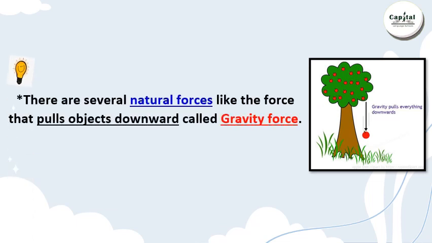Do you know that there are several natural forces, like the force that pulls objects downward, and this force is called gravity force. Wow, we have a force on our planet, on the Earth, and this force is called gravity force.